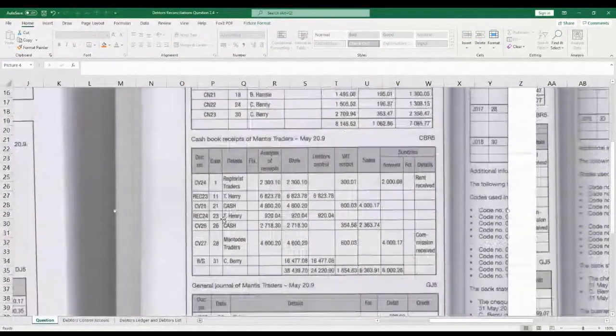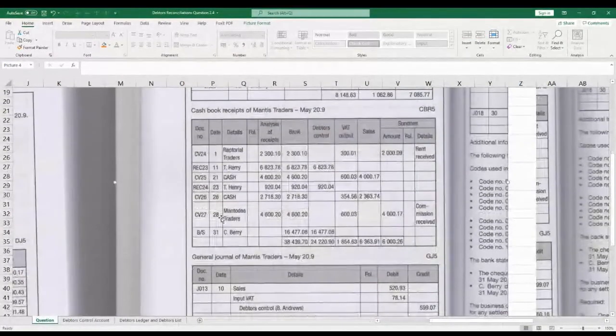Now, if we've got the cash book receipts, what column in the cash book receipts will we use when capturing our debtors control account? Okay, so I'm just going to repeat the question.